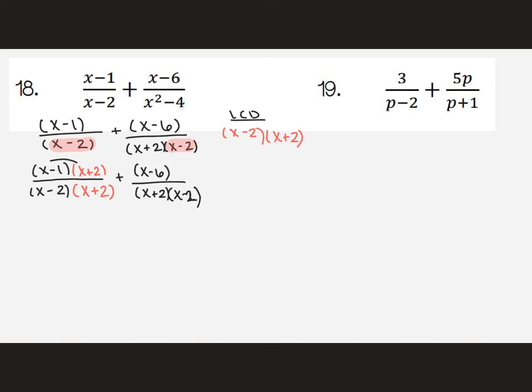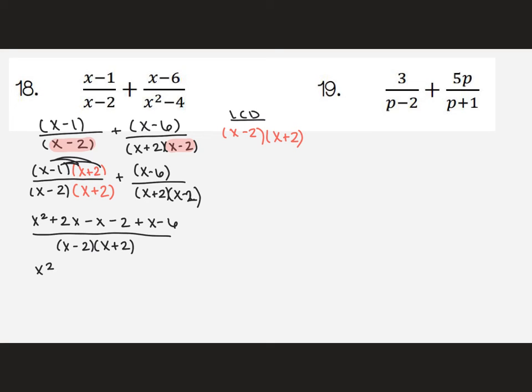I'm going to distribute as I rewrite just to save some steps. So x times x is x squared. x times 2 is 2x. Negative 1 times x is negative x. Negative 1 times 2 is negative 2, plus x minus 6, all over my common denominator, x minus 2, x plus 2.